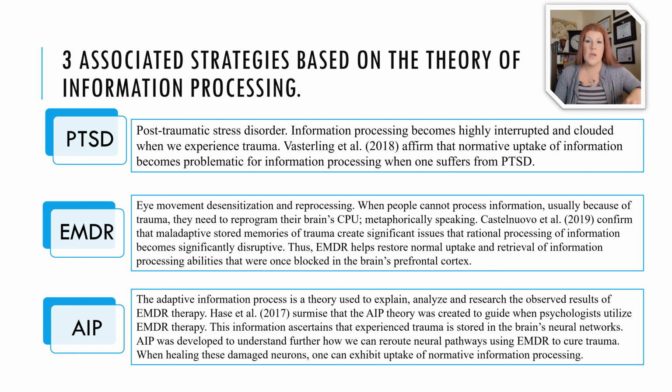So in other words, after one undergoes EMDR therapy, their normal uptake of external environmental information becomes less cloudy, and they can absorb without the brain fog and the recall of traumatic memories. Even though the memories are always going to be there, they'll be less painful and help the person manage their information processing better day to day.